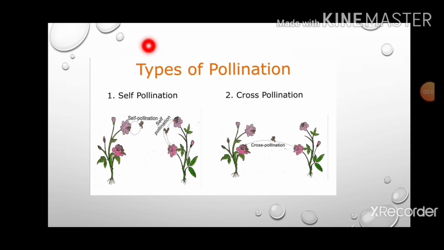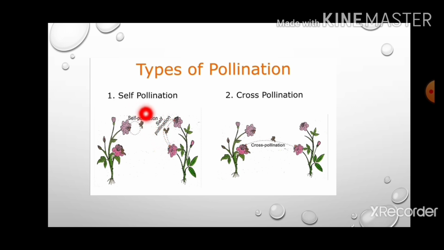Now types of pollination. Pollination is of two types, self-pollination and cross-pollination. What is self-pollination? When pollen grains are moved from the anther of a flower to the stigma of the same flower or another flower of the same plant, it is called self-pollination.